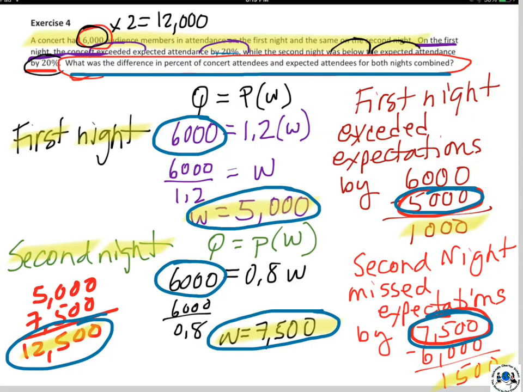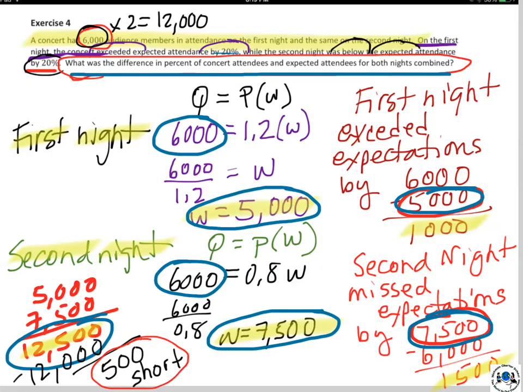Both nights were 6,000, so 6,000 times 2 is 12,000. Now we subtract that 12,000 from the expected 12,500. So overall, we were 500 short. We were 500 below expected attendance.